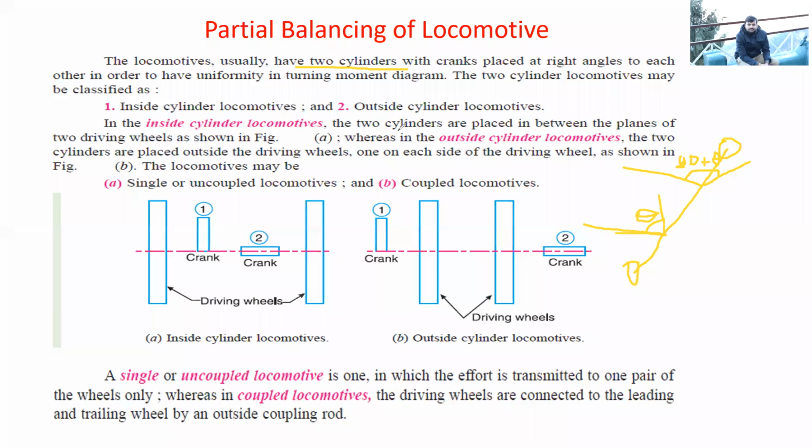Now one can ask why we haven't kept the second crank at theta plus 180 degree, opposite to this. It would have been very convenient, and it would have balanced many things. But it is not done in such a way. Why? Because this position is called the toggle position.